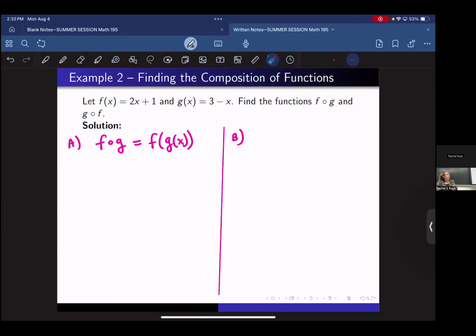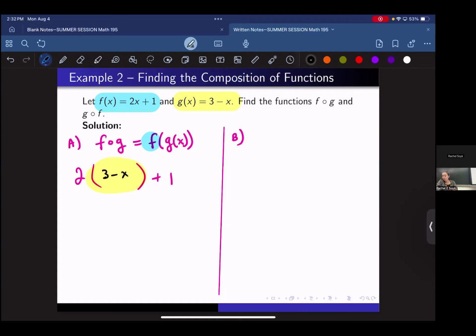But how do we do this from a parentheses standpoint? Well, we really hone in on that parent, and wherever we see an x, we draw in parentheses. So we have 2 parentheses plus 1. And now inside those parentheses is where the child comes into play. That's where our g of x goes: 3 minus x.